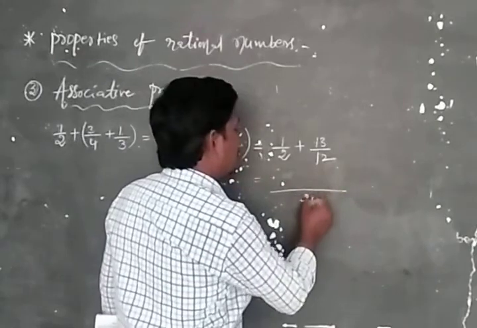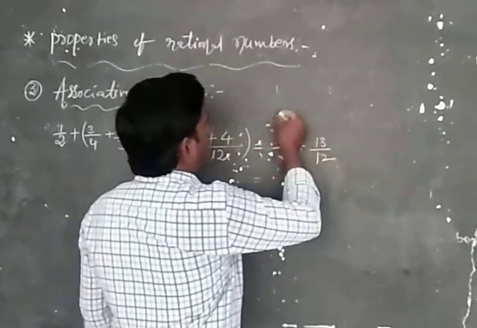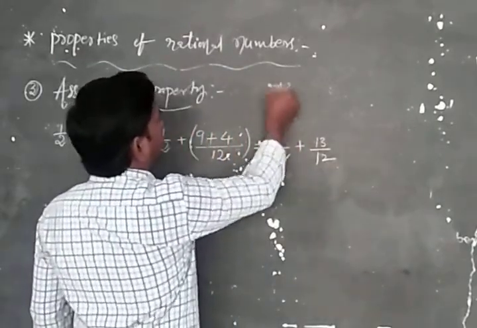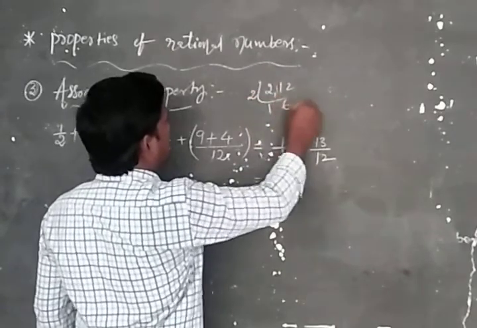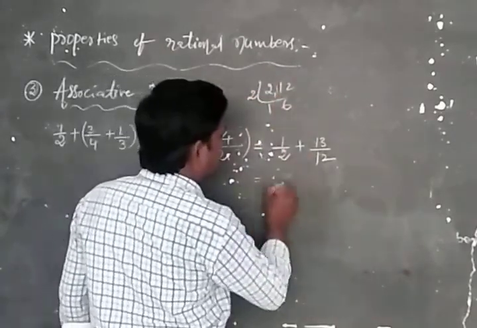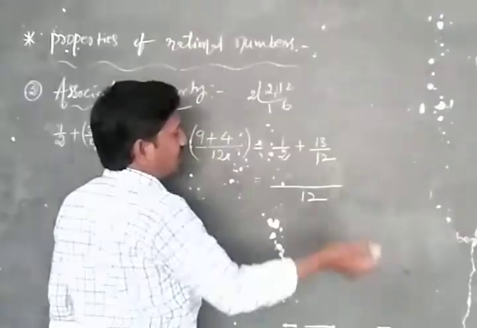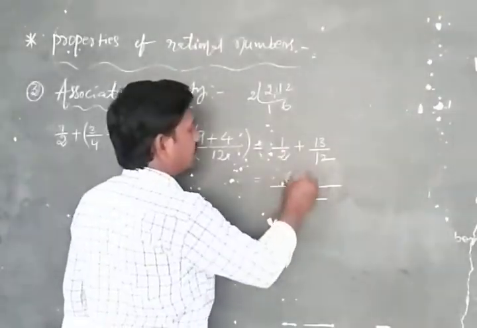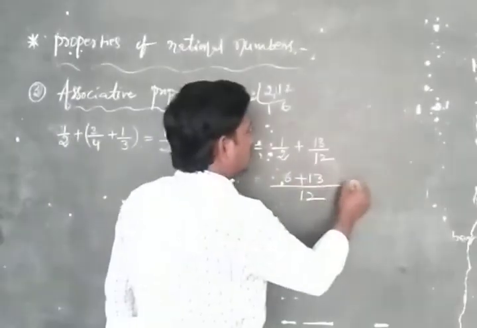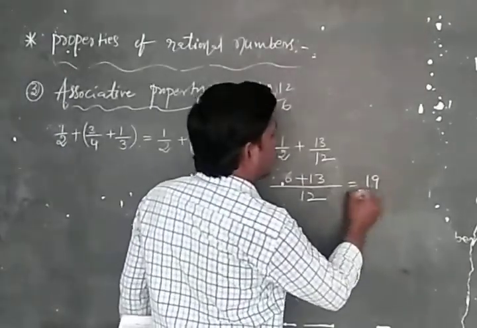The LCM of 2 and 12: 2 table, 6 times, so 12 is the LCM. If 2 becomes 12, we have to multiply by 6. 1 6 is 6. 6 plus 13 equals 19/12.